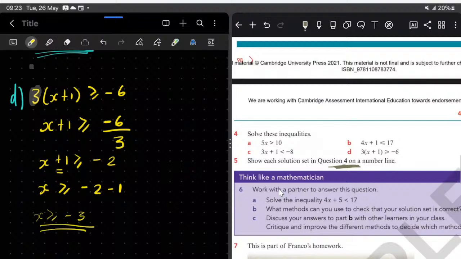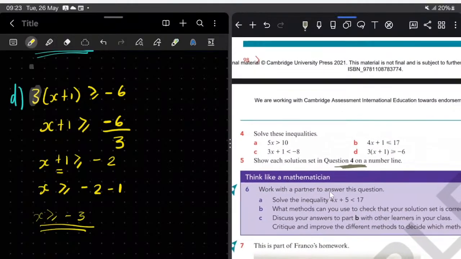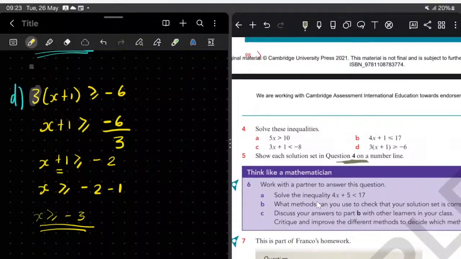Okay. Can you solve number 6a, please? Solve the inequality. Can you solve it and send me the solution? Number 6a, where it says solve the inequality 4x plus 5 is less than 17. Can you solve it, please?